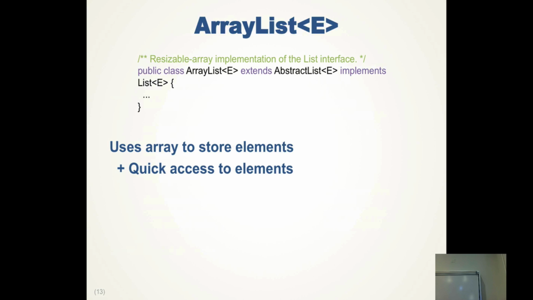Return the item at index 3 in the array, right? So that's very quick. One of the negatives is, if you add to the end, you may need to resize the array and copy all the stuff into the new array, right? You've got to have space to store it.